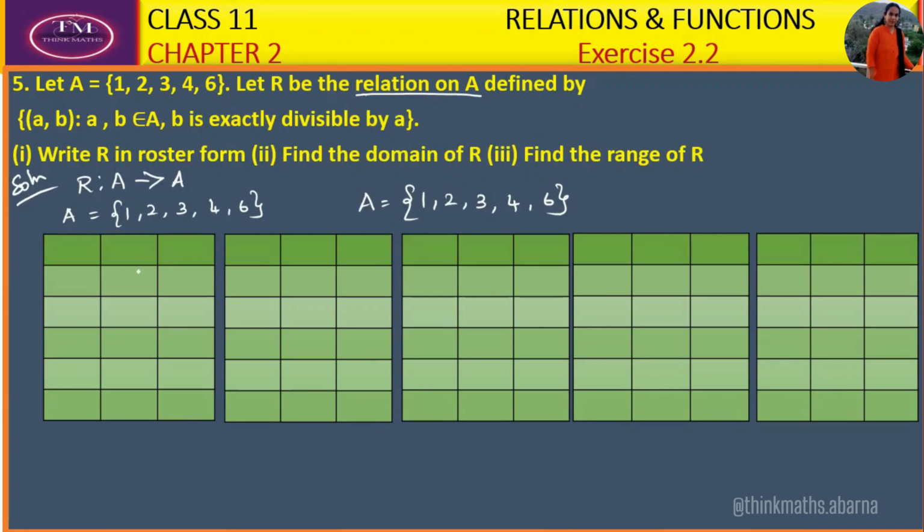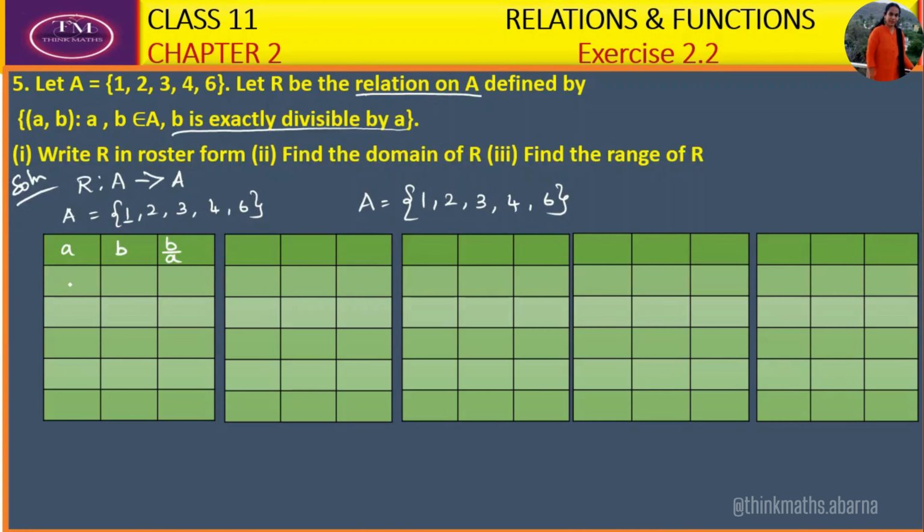So how is it formed? The condition is b is exactly divisible by a. So how will we form the Cartesian product? We will take an element from the first set and pair it with all the elements in the second set. The second set is also the same. So first let us write a, b, b by a.